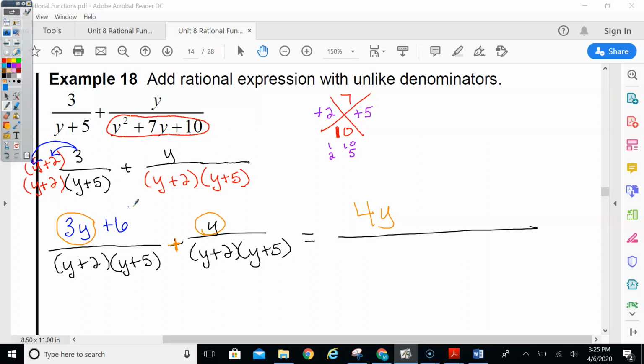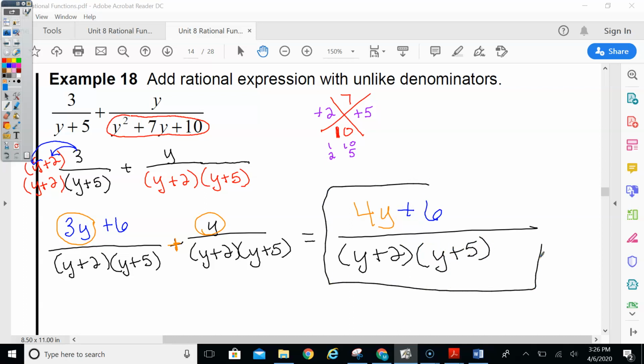And then the plus 6 doesn't combine with anything, so that one just stays plus 6. And the denominator stays the same. Y plus 2, y plus 5, you actually don't have to multiply it back out. Just leave it. So when it's a quadratic, you actually have to factor it first, and then see which one is missing, and multiply it by the one that is missing. Okay.